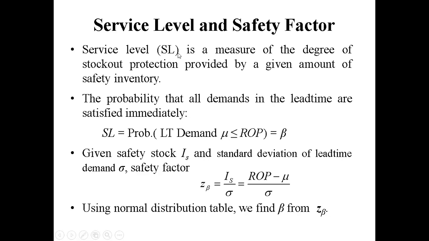Suppose your service level is 95%, that means your risk is 100 minus 95, which is 5%. That means there is a 5% chance of risk.